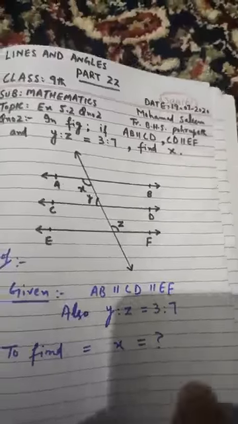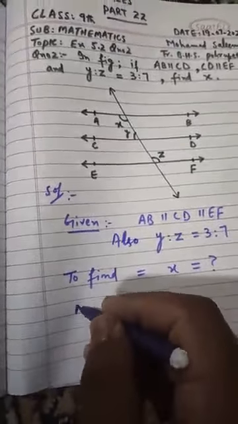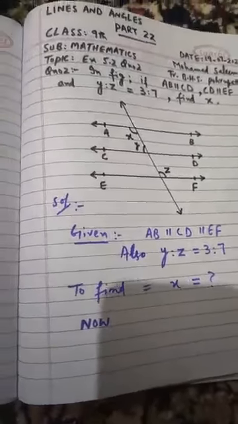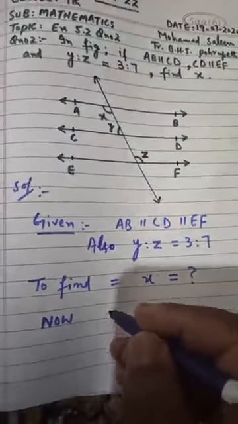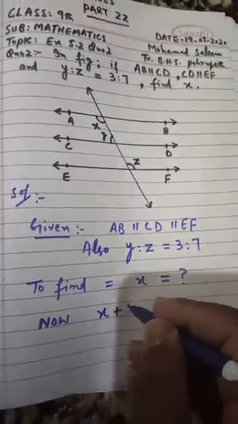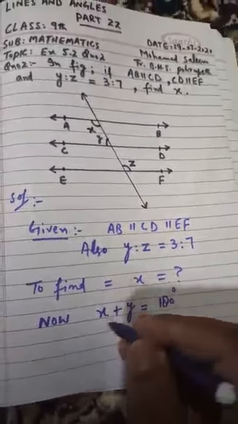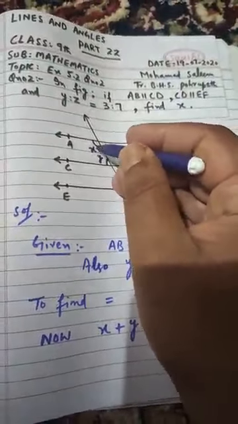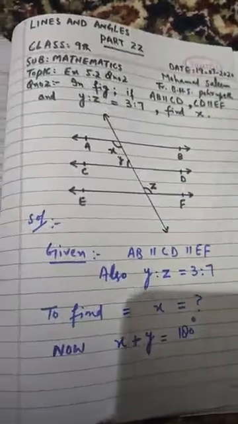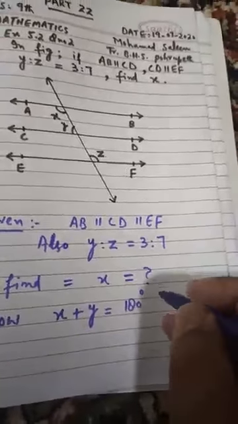We will write now. We will take X and Y. X plus Y, definitely their sum is 180 degrees. Can you tell me how X plus Y is 180 degrees? Is there any reason?